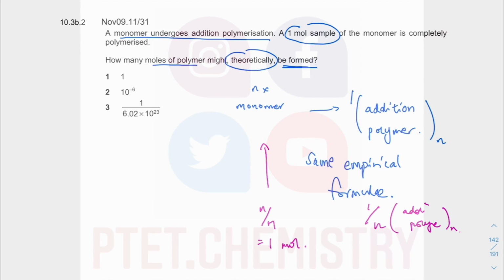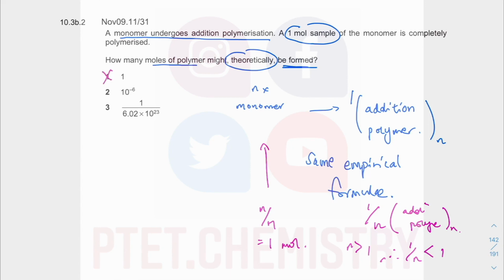So if n is greater than 1, n has to be greater than 1 again because you need to have more than 1 monomer to give you a polymer, right, where you add together. So if n is greater than 1, 1 over something greater than 1 must be lesser than 1. Okay, so therefore, by logic, 1 over n is lesser than 1.